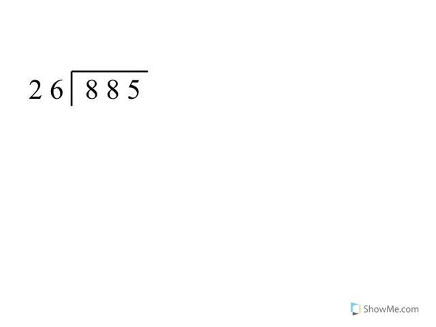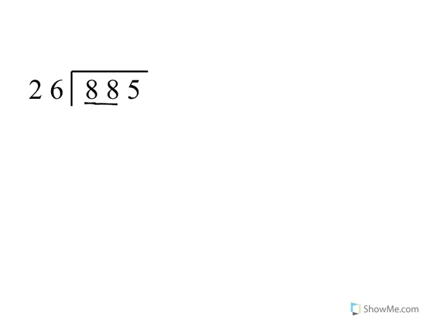Let's take a look at some problems with 2-digit divisors. Here I have 885 divided by 26. Now I know I can't get a group of 26 out of 8, but I can get a group of 26 out of 88. I know in my head that 25 times 3 is 75, and 25 is very close to 26.